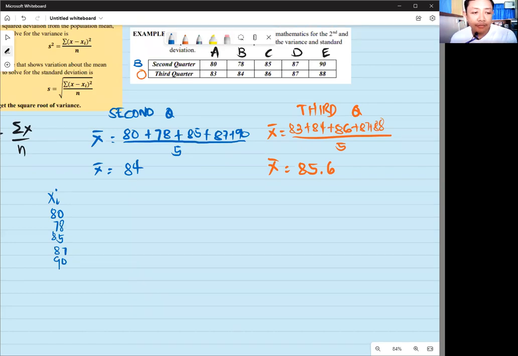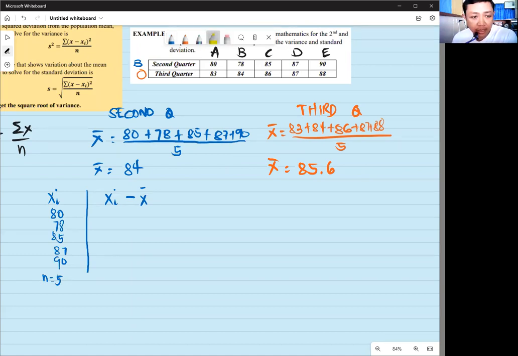And then for the second column, of course, our n is equal to 5 here. Take note of that. Next, for the second column, we just need to subtract the mean from our given data.